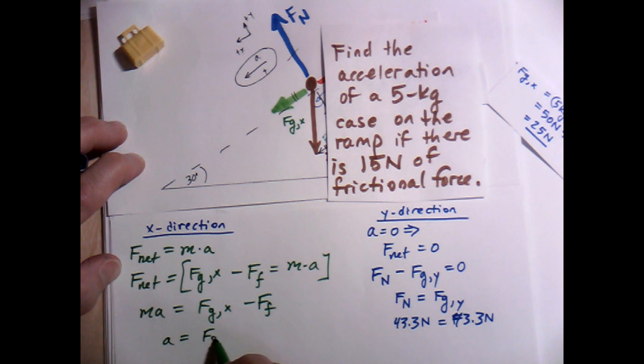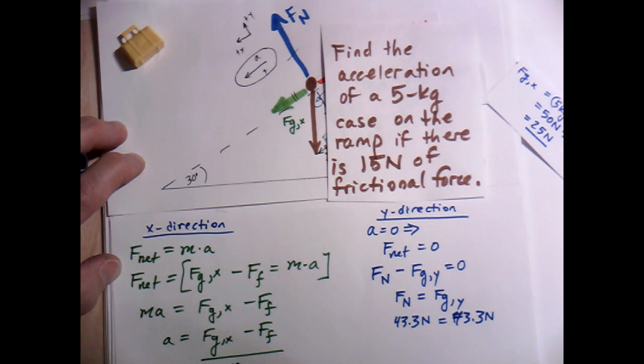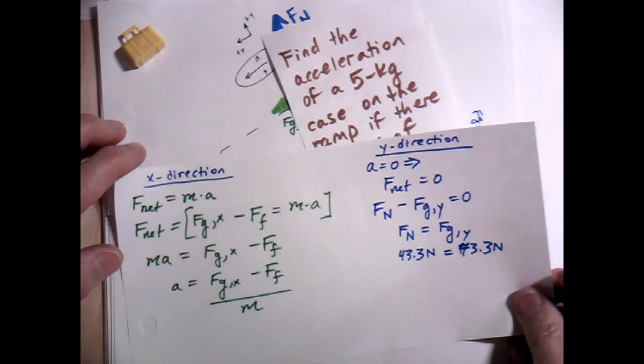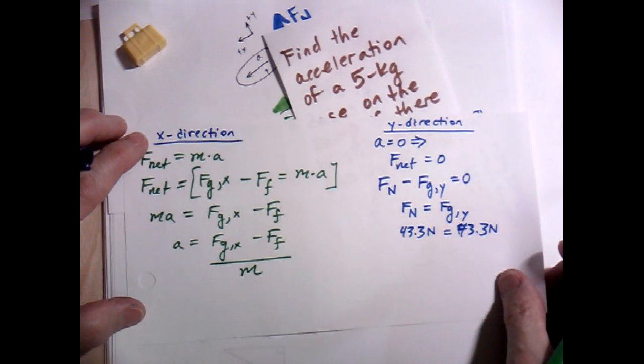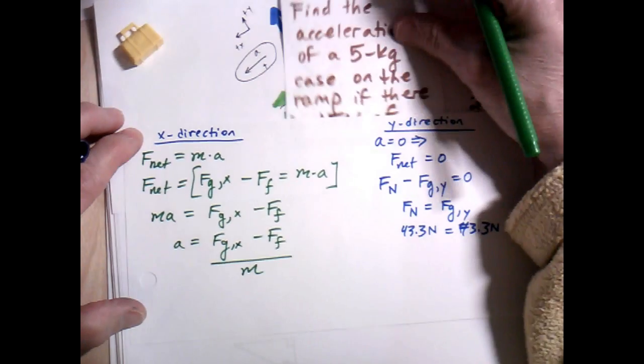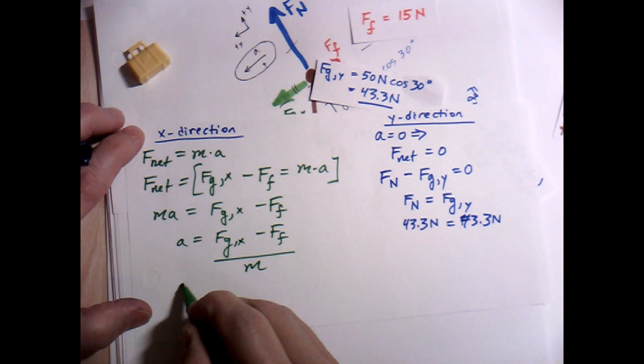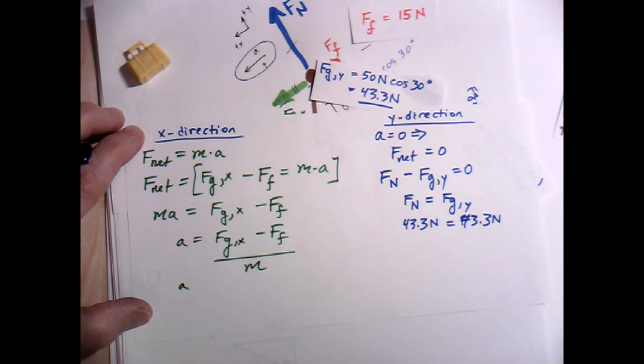So a equals Fgx minus Ff all divided by mass. And let me move this up so we can see it now. And now that I've got this written algebraically solved, I'm going to go ahead and replace variables with values.